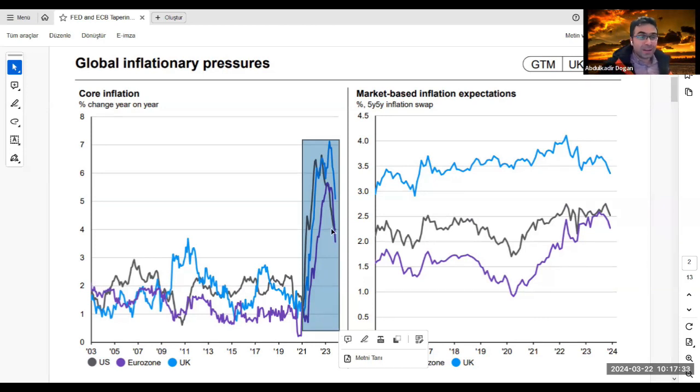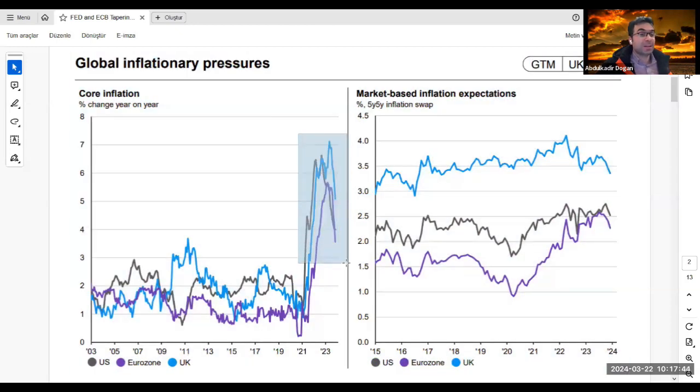So when we reach here, this is mainly because of the quantitative easing of the central bank. But after this period, it is because of the supply chain breakage in the market. For instance, normally a vessel from Shanghai reaches California in, let's say, 1 month.